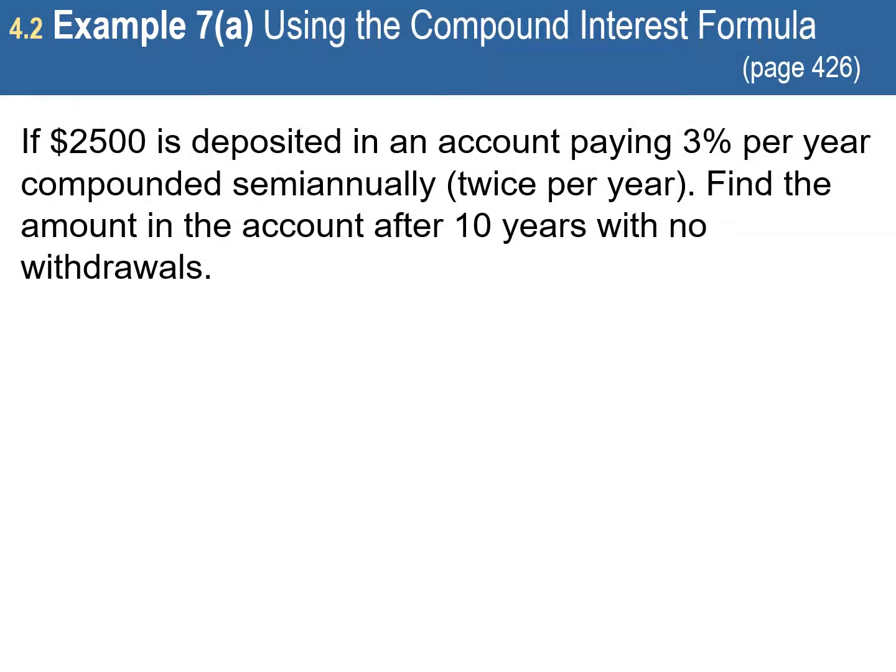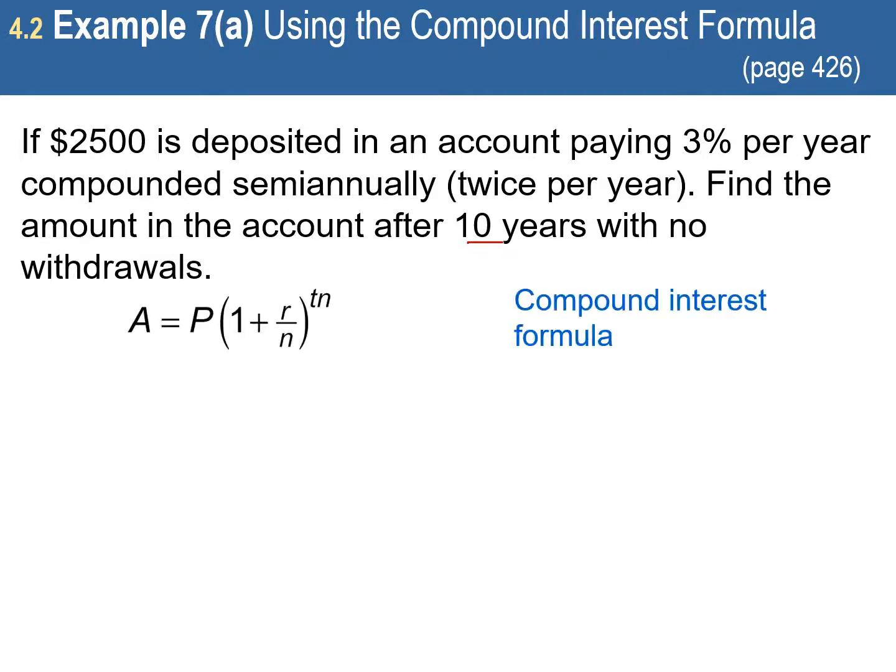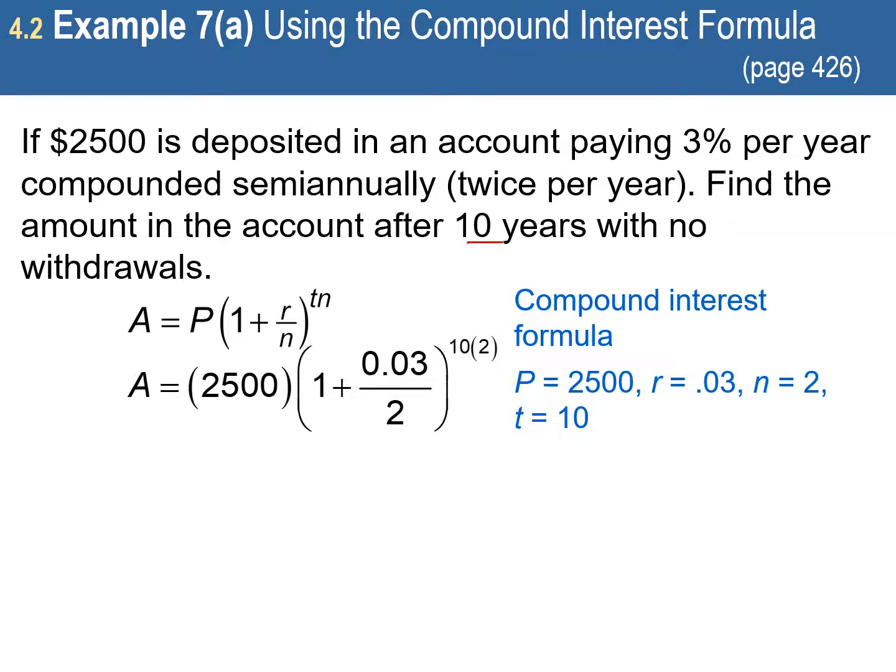So if $2,500 is deposited in an account paying 3% per year, compounded semi-annually, find the amount in the account after 10 years with no withdrawals. So you're going to need to write down your compound interest formula. I know that P is 2,500, R is 3 divided by 100, or 0.03, N is 2, and T is 10 years.